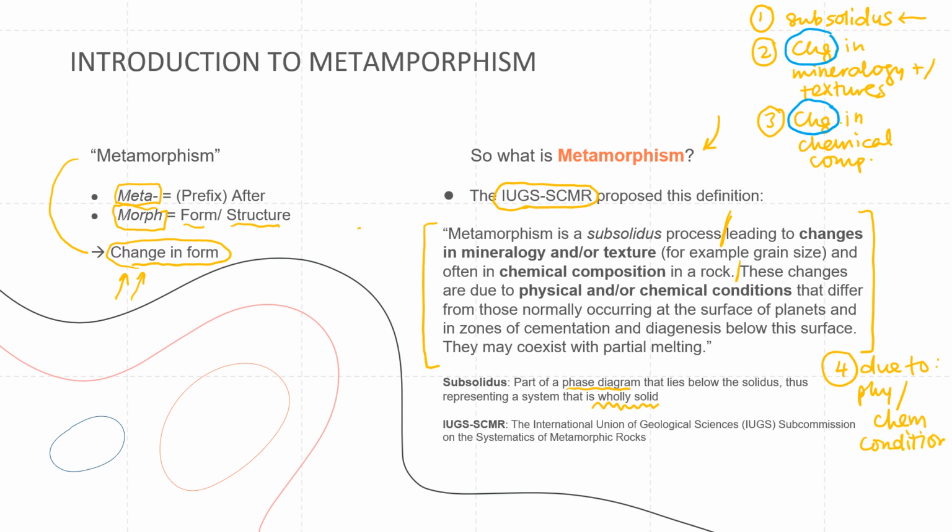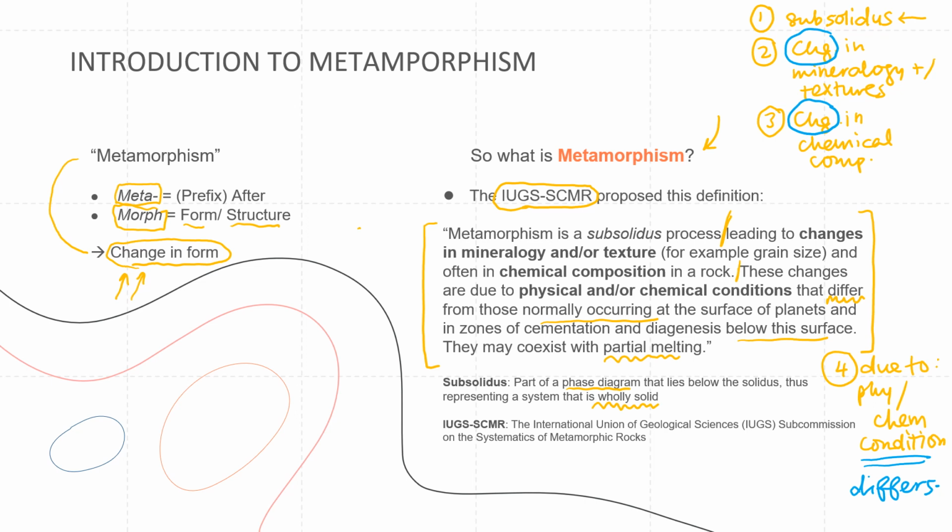So they're different from those normally occurring at the surface or below the surface, and they may coexist with partial melting. So again, with emphasis on change, it can be due to the chemical conditions where it differs from those normally occurring at the surface or in zones of cementation and diagenesis below the surface.